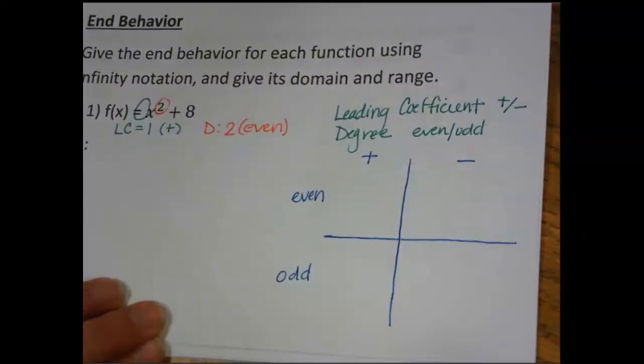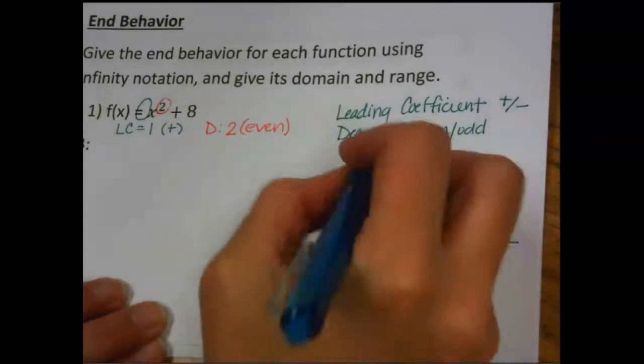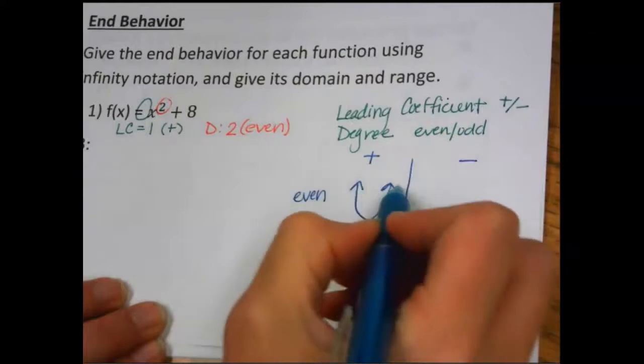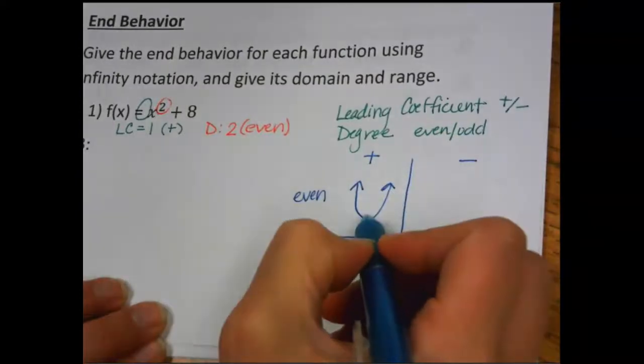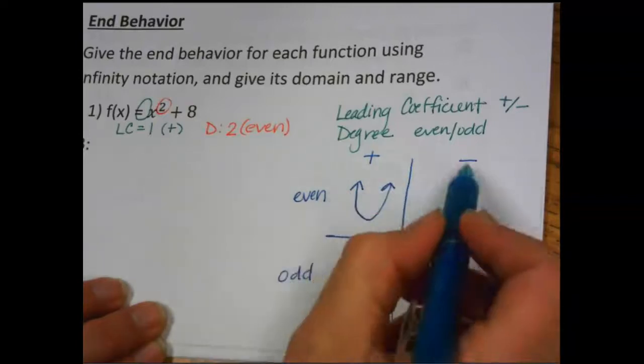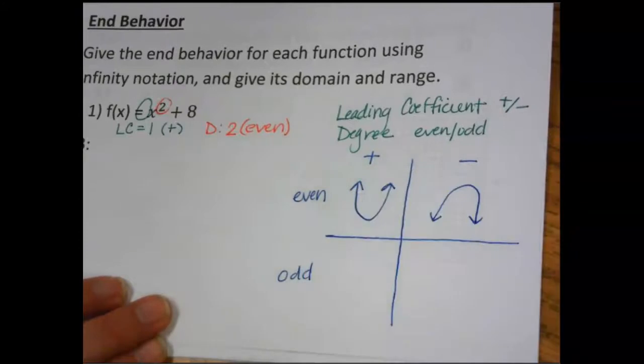So 4 different scenarios. Even positive, like we have here, tells us it's going to resemble a parabola at the ends. It may not in the middle, which we'll get to later, but the ends are both going to be going up. Even negative, both ends are going to be going down.